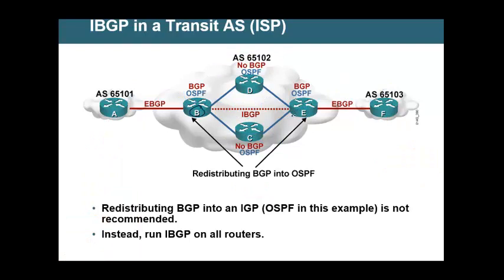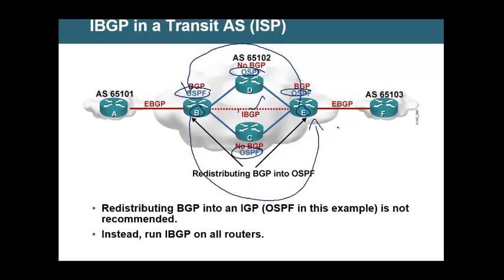B and E are already pinging each other with the help of OSPF. By using that reachability, BGP can now negotiate and form a neighbor with B, and B can form a neighbor with E, because they are already reachable.